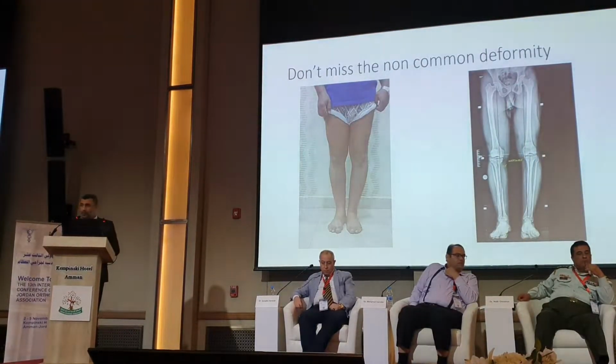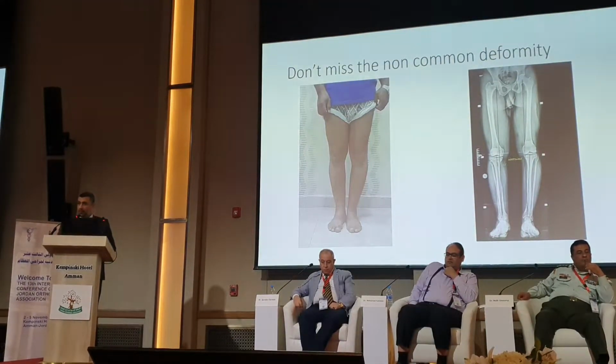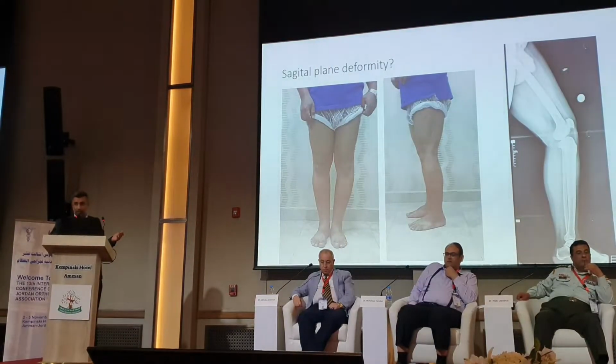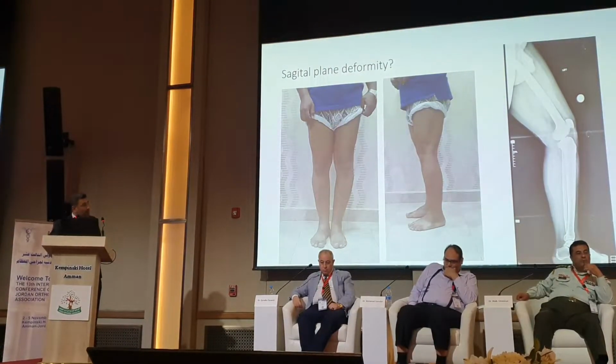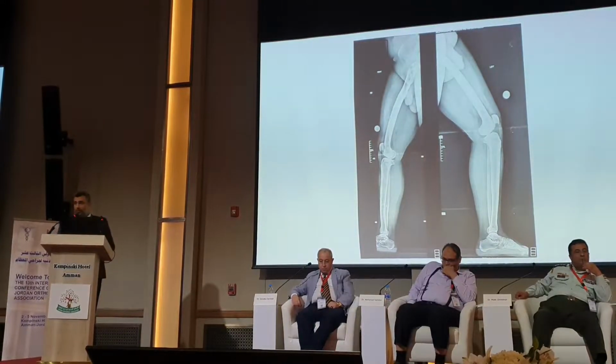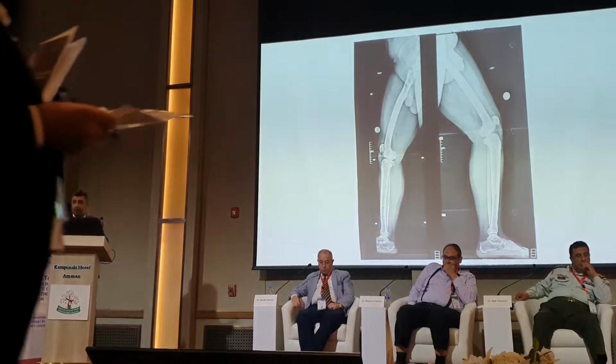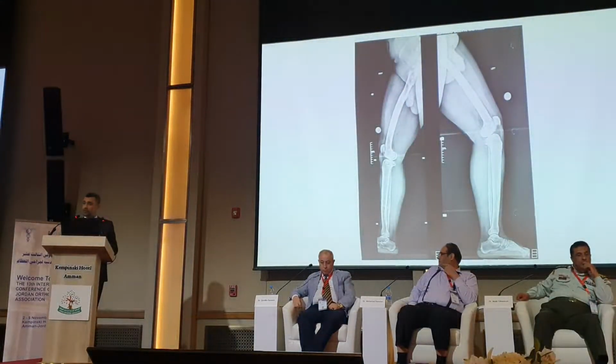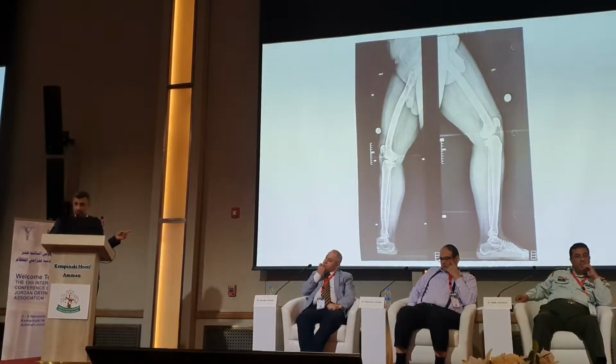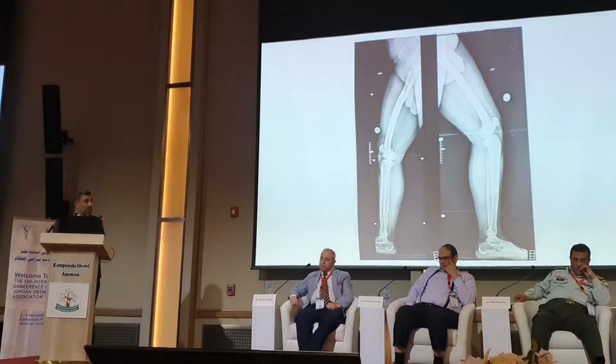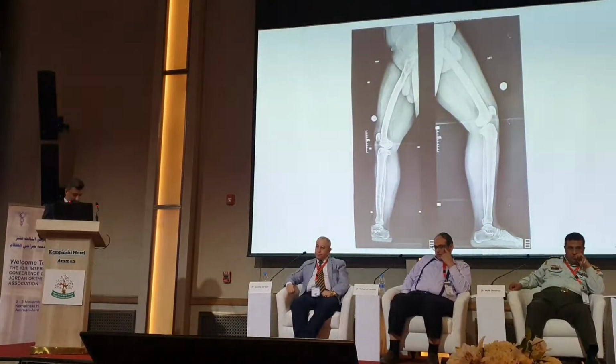Now, what not to miss? Sagittal plane deformity. In this patient, you see how the tibial slope is more than 30 degrees. This is very important, especially in ACL. If you have a patient with ACL failure, you have to check the slope, because this may be a major cause of failure of ACL reconstruction.